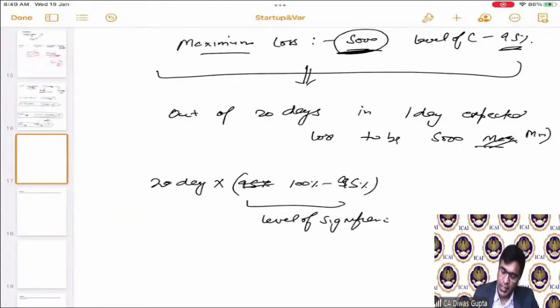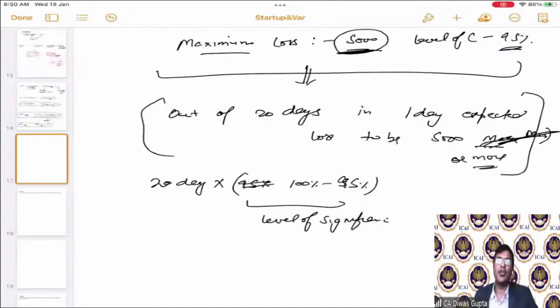Let me change this statement: out of 20 days, in 1 day, the expected loss is 5,000 or more. This is the right term to put. That means the minimum loss is 5,000 because we are using the level of significance. So in these 20 days, on 1 day our loss will be more than 5,000, and on the balance 19 days, our loss will be maximum 5,000.